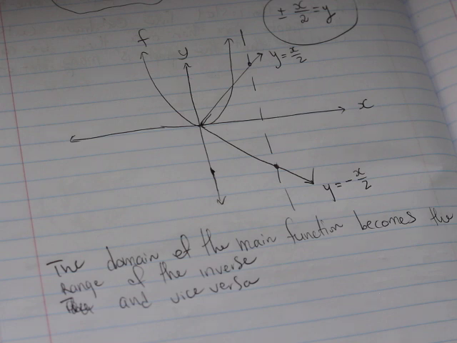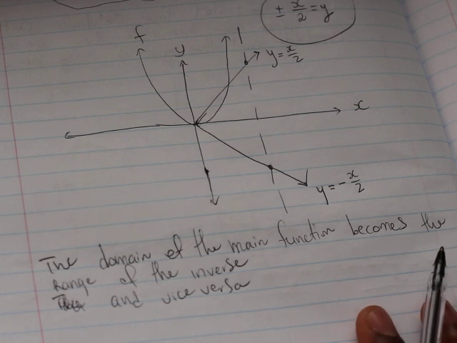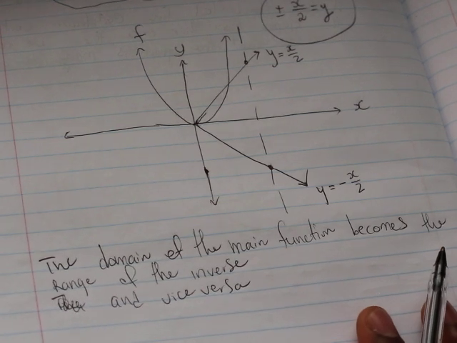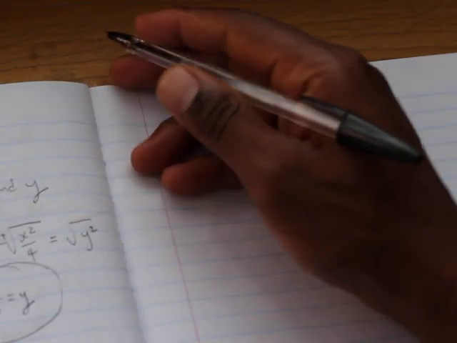So now let's see what other function we can look at. And this time around, we're not going to have a perfect function, just like we had over there. So now let's look at something like this.